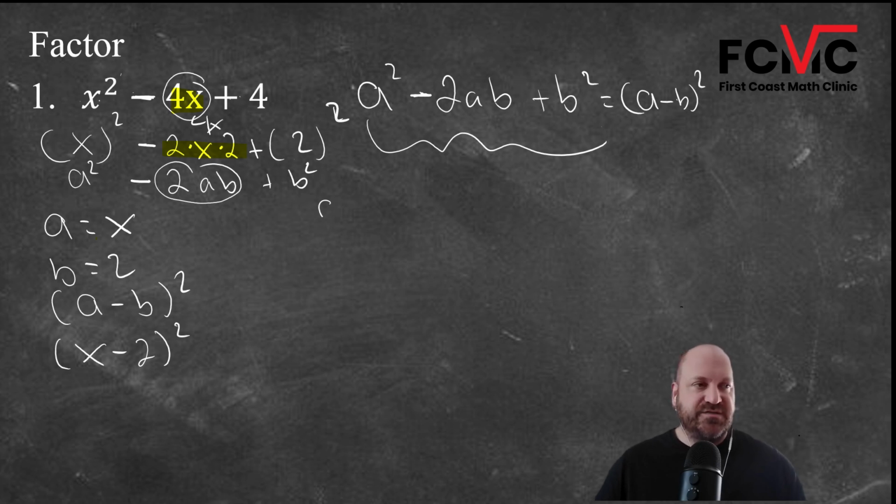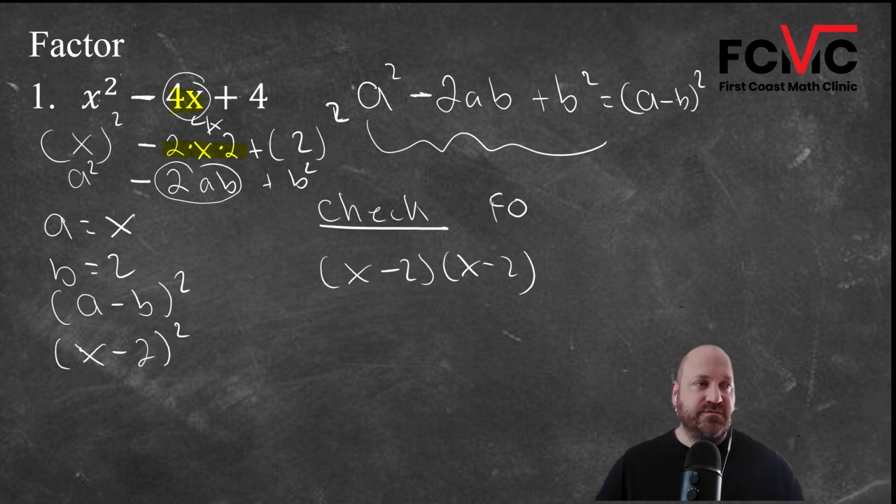Now, just as a check, so hopefully this makes a little bit more sense, let's take that x minus 2 squared. We know x minus 2 squared is just x minus 2 times x minus 2. And if we decide to maybe FOIL this, to multiply this out, we should get back this original trinomial, right?